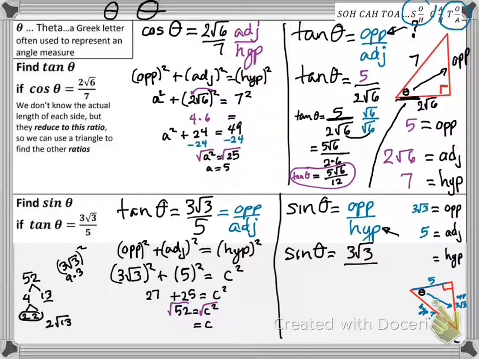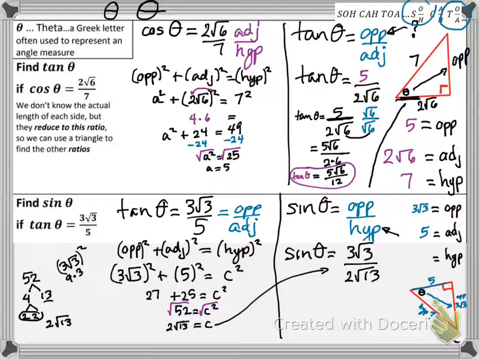So I have 2 square root 13. This section does say we need exact answers, so I can't change it into a decimal approximation. Now that I know my hypotenuse, I can bring it on over here and write down 2 square root 13.